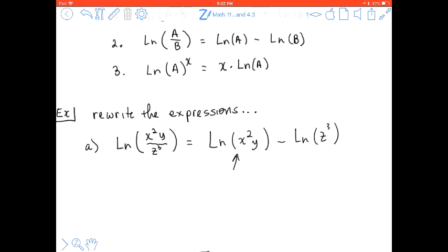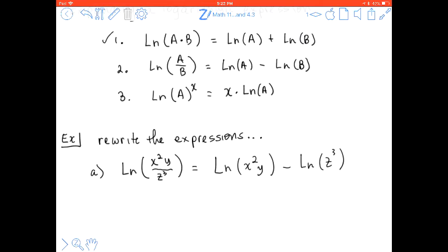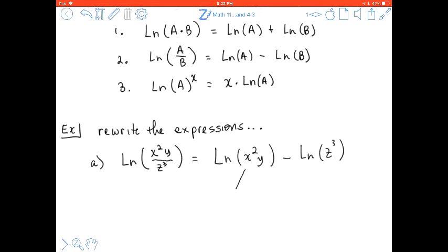Now, this first logarithm, natural log of x squared times y, the expression inside here has got a product. So we can follow the first rule here, the product rule, and expand this one into two more logarithms.